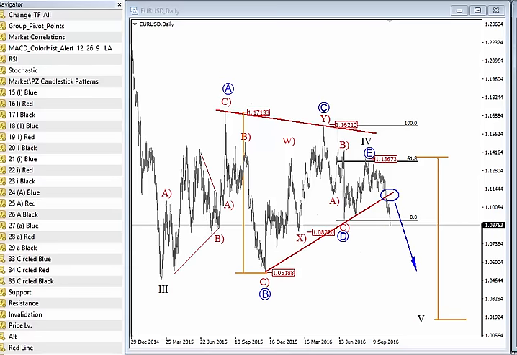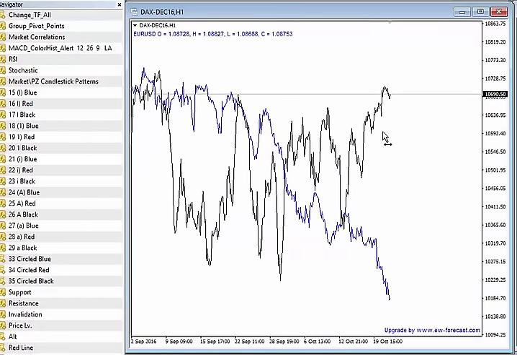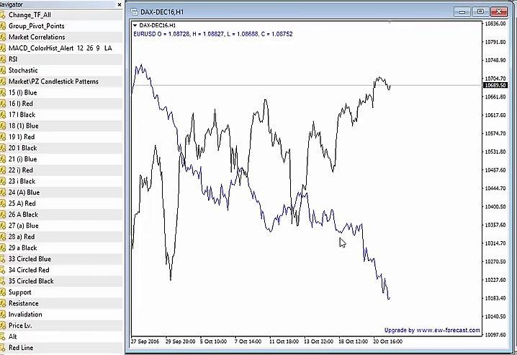Now I'm also looking at the correlation with DAX. As you know, when DAX goes higher, euro dollar will tend to go lower, and this is clearly visible here on this chart. Here in blue we have euro dollar, while in black we have the German DAX. You can see that the blue is trading down while the German DAX is trading to the upside.